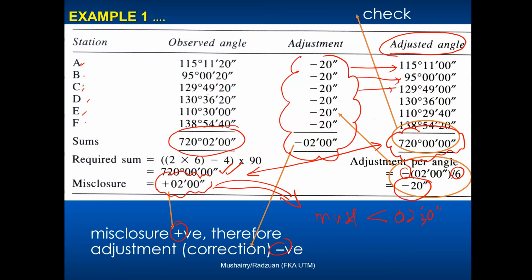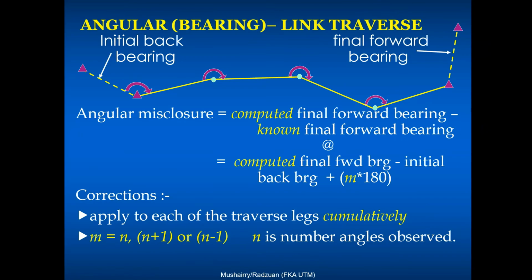You have to re-observe a few angles, just to find out which one of the angles contains huge errors. So that's about angle correction, treating random errors in the angle measurement.